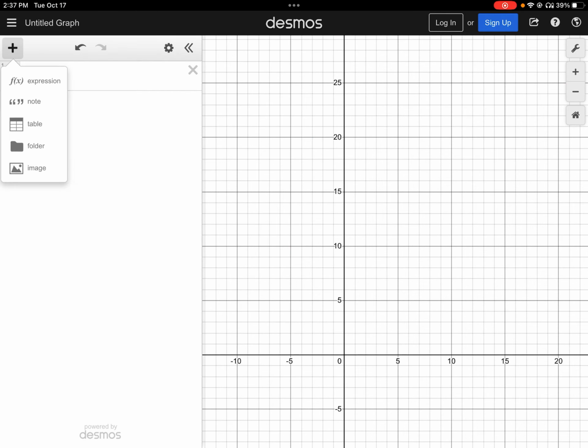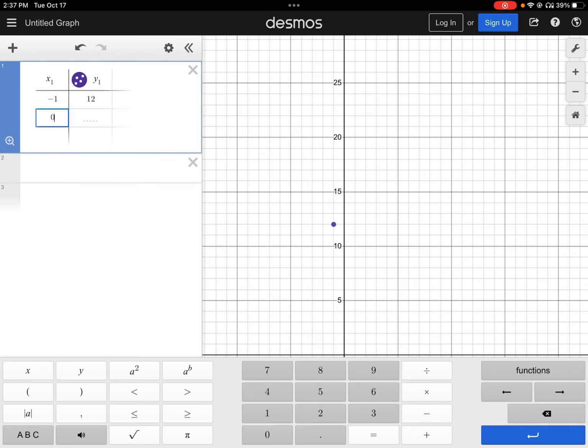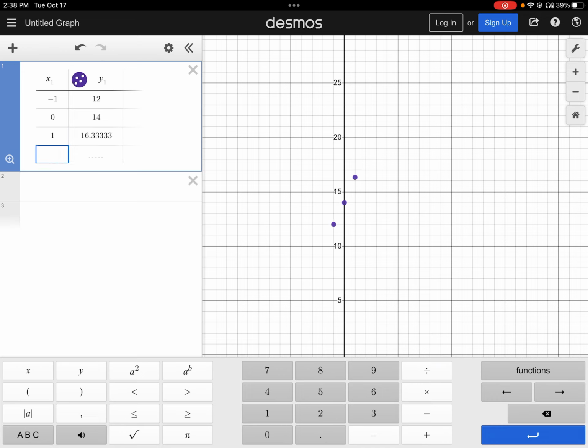I'm going to do my tool. I'm going to add a table. So if you click that plus button in the top left and click table, I'm going to type in -1, 12, 0, 14, 1, 16.3333 like it says there, and 2, 19.0556.